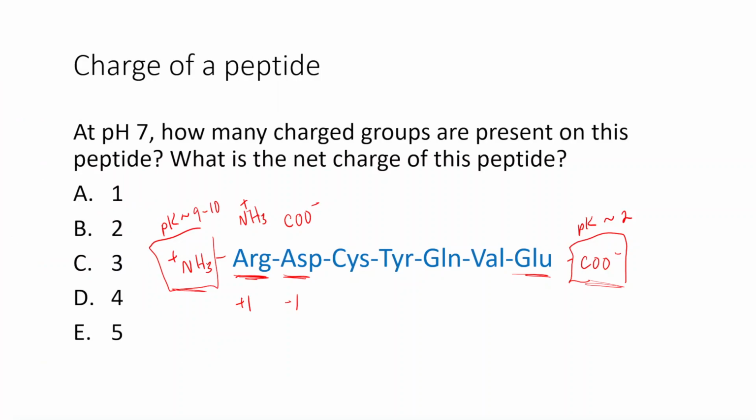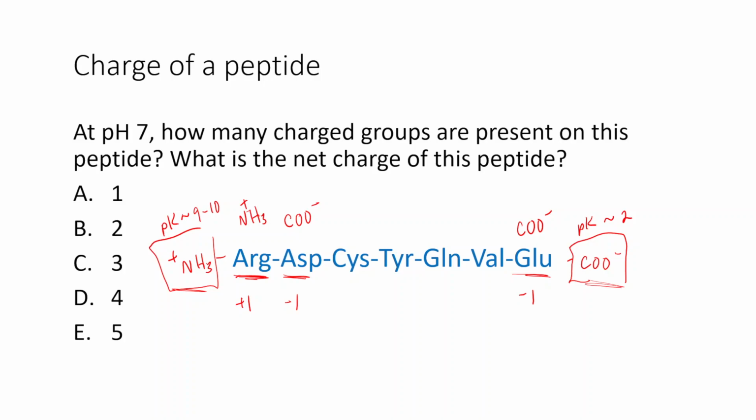So for our glutamic acid, just to finish out this question, it also has a carboxylic acid as its side chain. At pH 7, are we going to be above or below its pK? Above. So are we protonated or deprotonated? We're deprotonated, so our glutamic acid will also have a charge of -1.